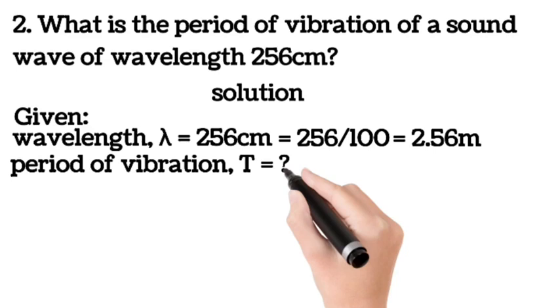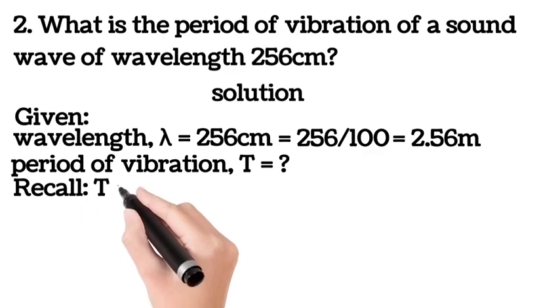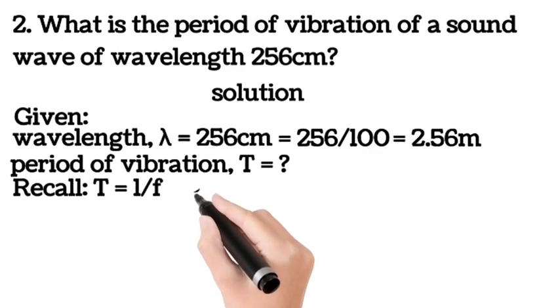Now recall that whenever you are asked to find T, T equals 1 over F. That is, T is the inverse of frequency. So since T equals 1 over F, in this question we are not given frequency.